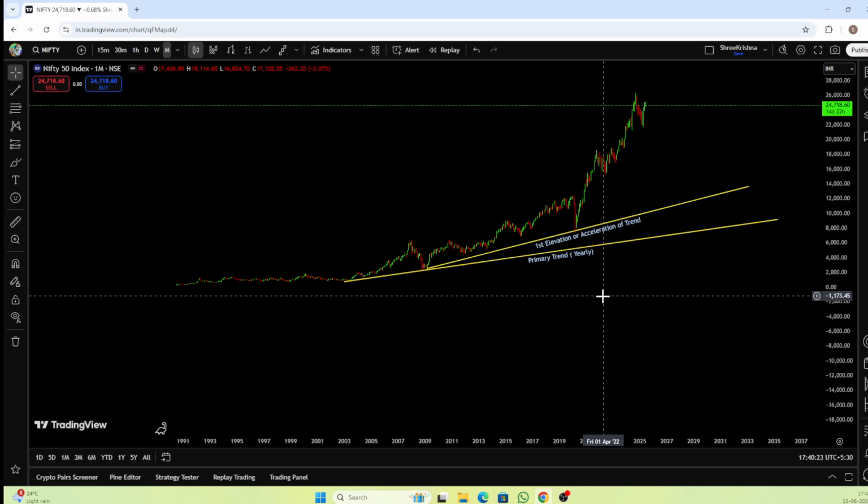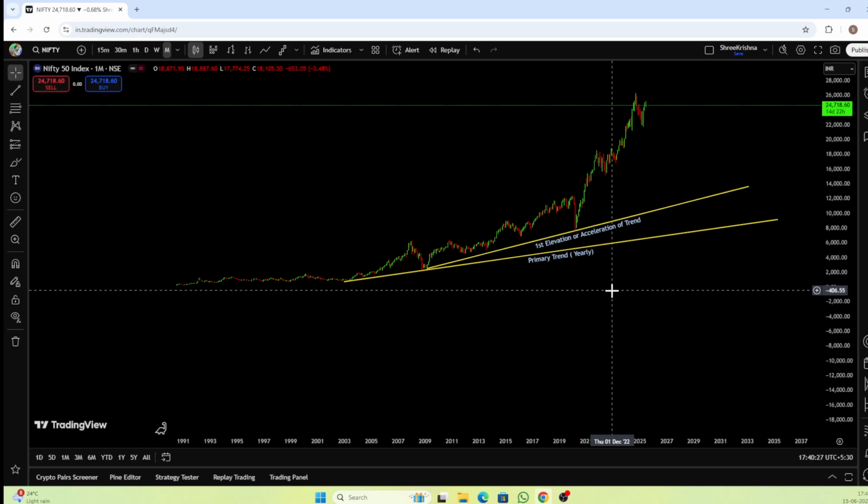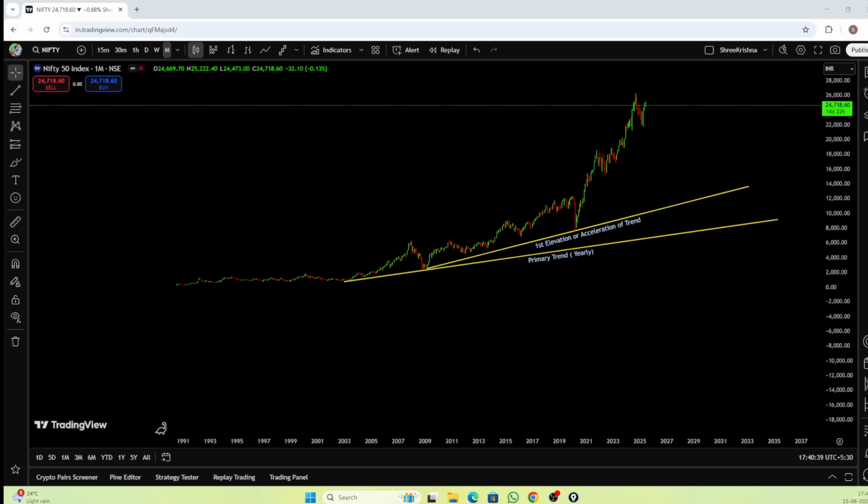So far what has happened, there is the first elevation. Now the conditions for the first elevation have to be met. On monthly it has to make a new high. Now new high comes with some challenges. This is the first high.